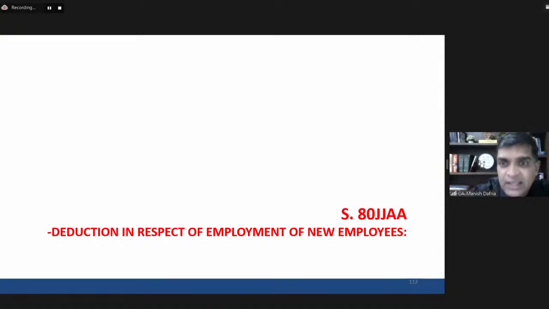Though actually it is not based on my income, all other sections are based on my income. This 80JJAA is not based on my income, but that is also included in that Part C of Chapter 6A. So there are certain provisions which apply on the Part C as a whole. All these provisions which we will be discussing later on, all these provisions shall apply even on 80JJAA also.